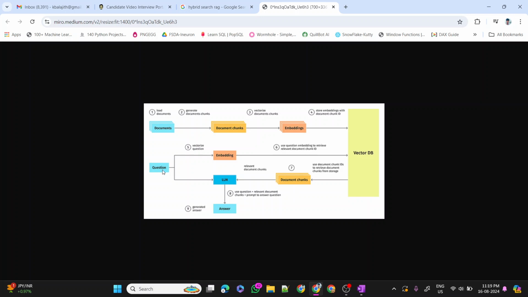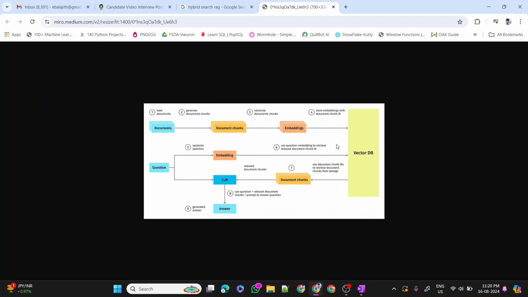This prompt is given to the LLM, and by using both the context and the question, the LLM will generate the relevant, summarized answer for the end user. Like this only, the RAG technique is working.